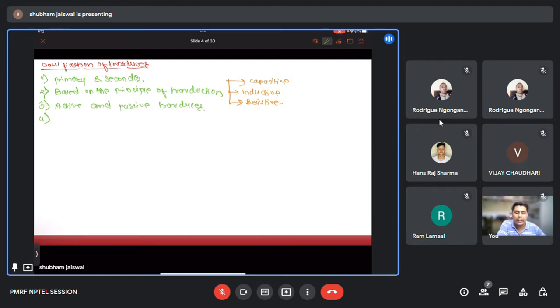Then we have direct and indirect transducers. Also we have analog and digital transducers. And the last one is null and deflection type.